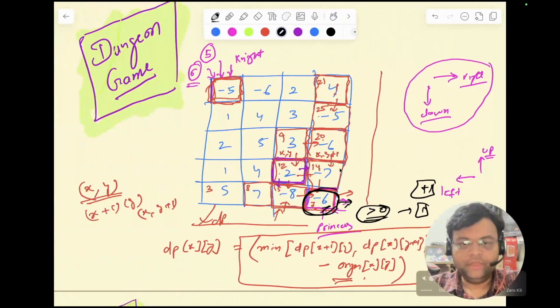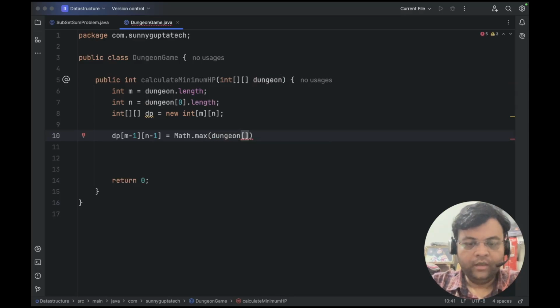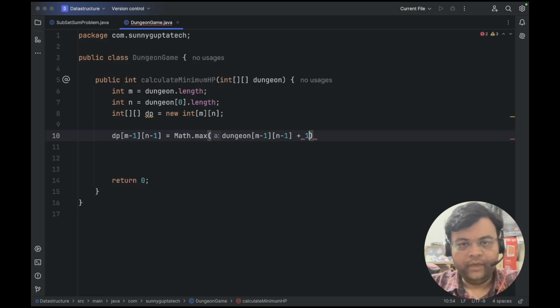So basically we need to get this value, which will be dungeon of m minus 1 n minus 1, and add 1 to it, right?